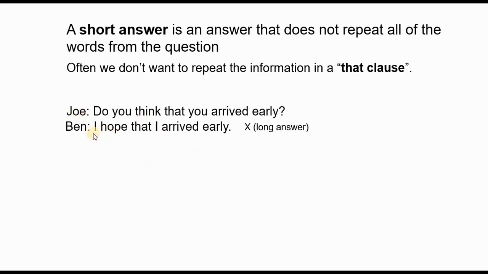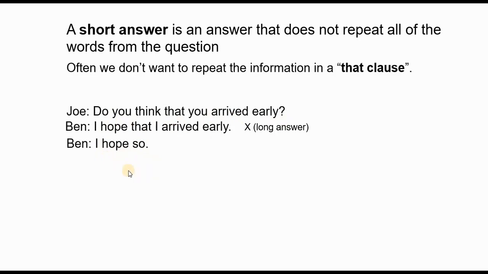This is too long. Alright? So, how do we say this in good English? Well, this is how we say it. Do you think that you arrived early? I hope so.